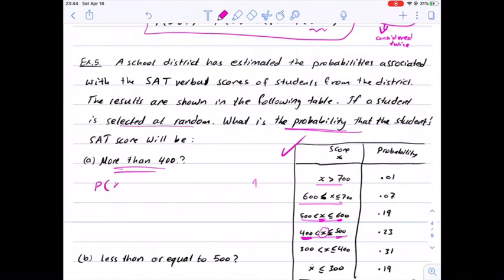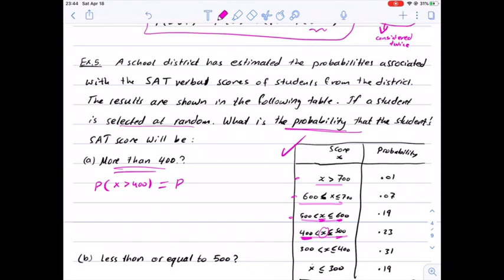So the probability of getting more than 400, we can write it this way: probability of X is greater than 400, and that means we have the probability of X between 400 and 500, plus the second probability from 500 to 600, then the third, then the fourth. This means that we define how many events.